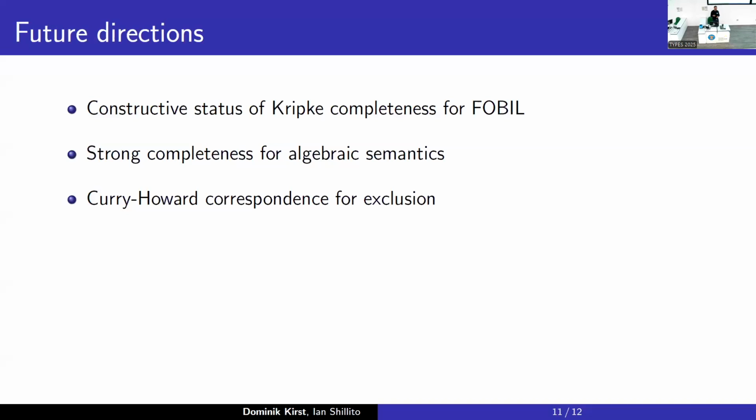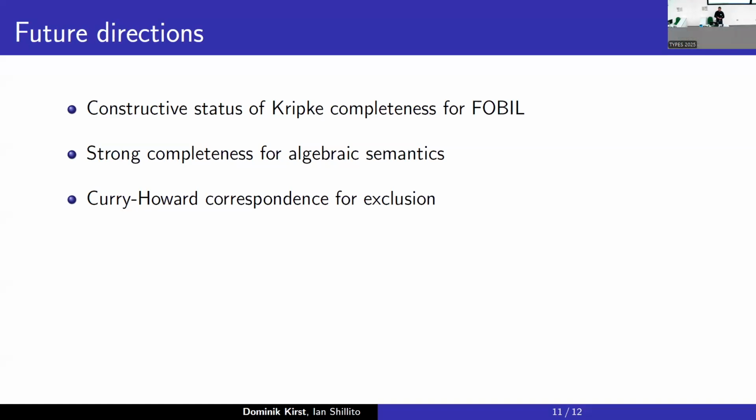Then, these algebraic proofs, although they are nice because they are fully constructive, only give you weak completeness, which means you only have finite contexts. There are standard techniques to extend this into strong completeness, but those don't seem to interact well with this completion for bi-Heyting algebras. So there's something to figure out.